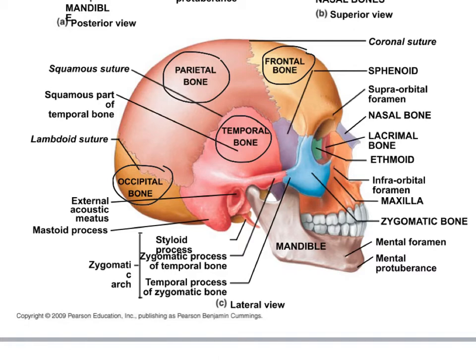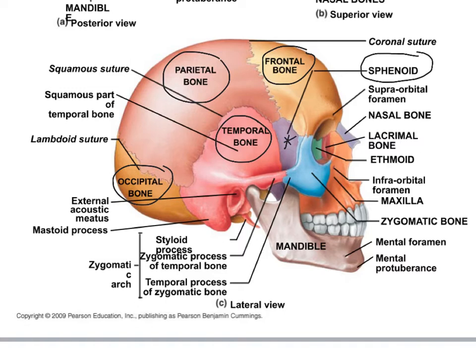Now there are 2 other bones that aren't as visible as those cranial bones. One of them is called the sphenoid bone, and you can see it right here in purple. It has a suture all the way around it, so it's right in your temporal area. There's only one of those, and it goes all the way across to the other temple area. Okay, so you have this one sphenoid bone going all the way through. We're going to take a look at it inside your cranium to see some structures on it that we need to know.